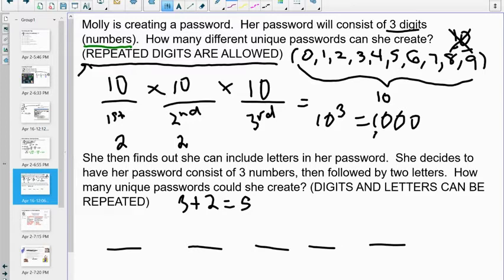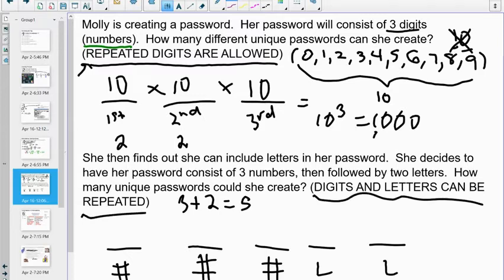So if we have a number, I'm going to put numbers here just to help us. And then letters. So the numbers are digits we know, and again, we can repeat, remember. So there's 10 options for each number that we pick.